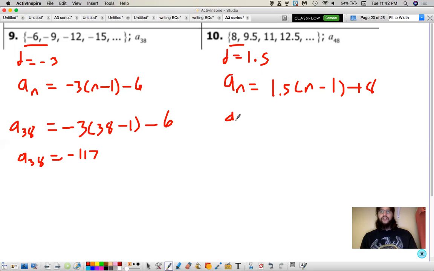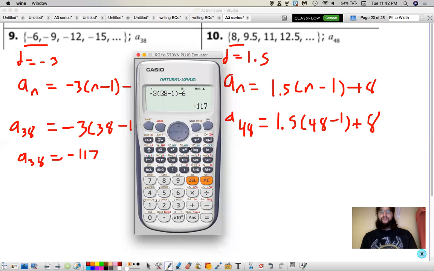Plug in 48 here and see what happens. 1.5 times 48 minus 1 plus 8.